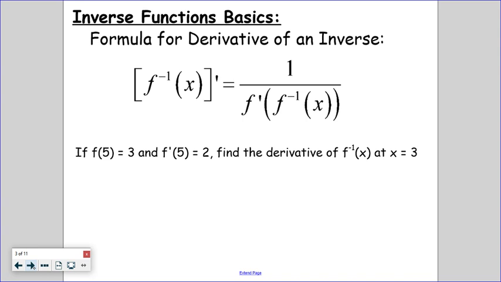So it says the derivative, so now we've got a bunch of these little symbols up here. The derivative of the inverse is going to be this fraction, 1 over the derivative of the function evaluated at the inverse of that x value.